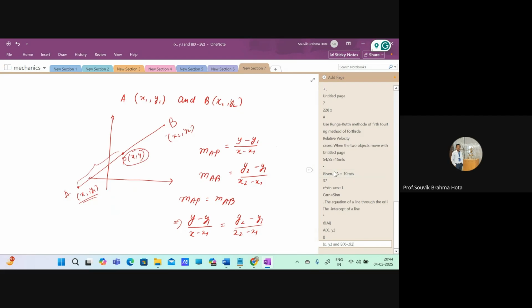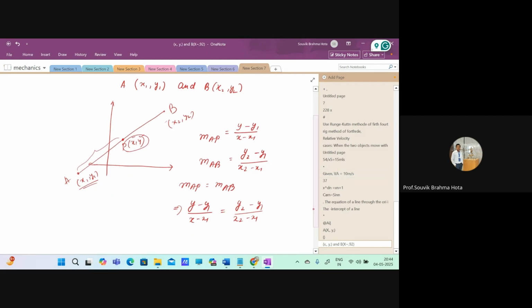Now my objective is to get y minus y1 alone. Why? Because in every formula the general y should be there, so this part should be transferred to this side. So y minus y1 equals (x minus x1) into (y2 minus y1) divided by (x2 minus x1).